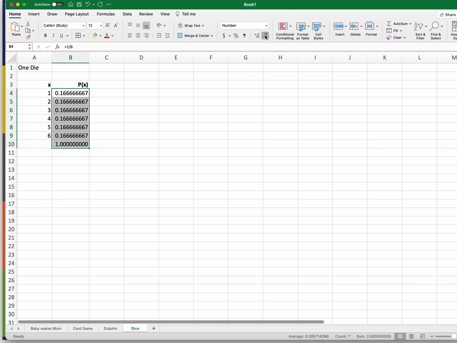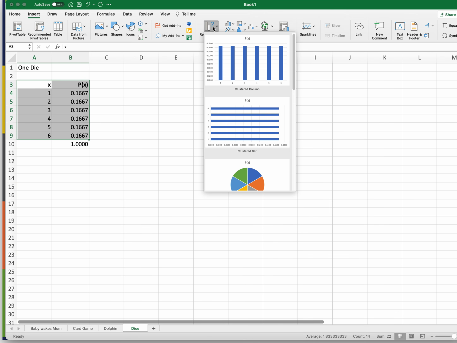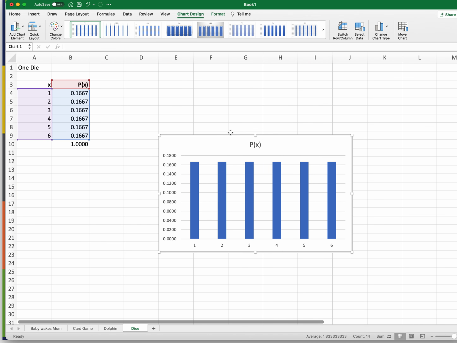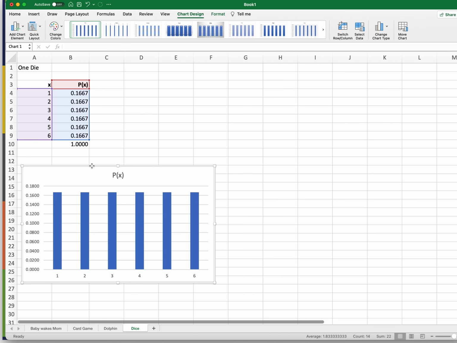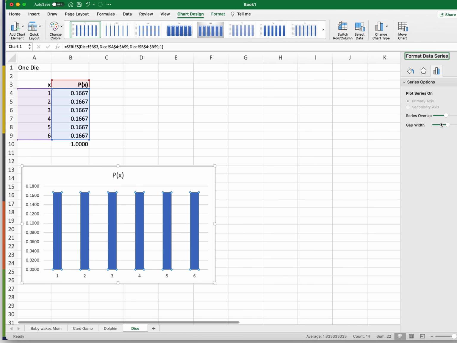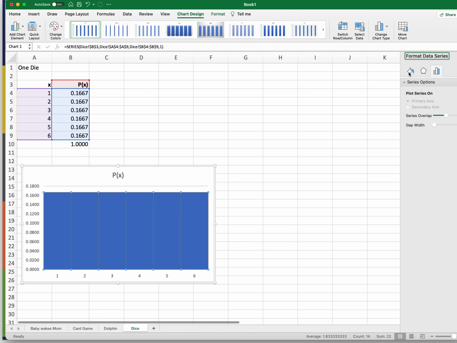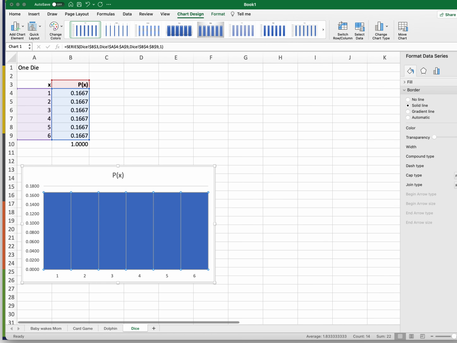So how many decimal places do we want to take this to? I'm not even going to do the PDF here. This is the probability density function. Well, let's leave it at that. So if I graph these, and I insert recommended chart, gee, it's not real exciting, is it? If I click on this, let's change the gap. Let's put a solid line in there. Let's make it white.